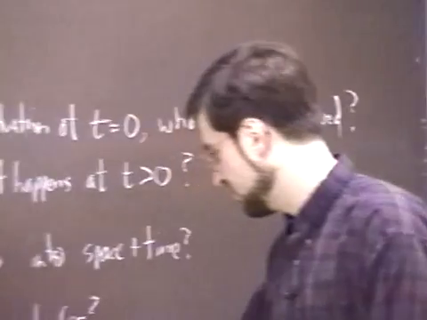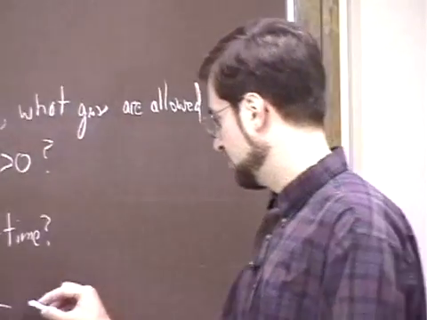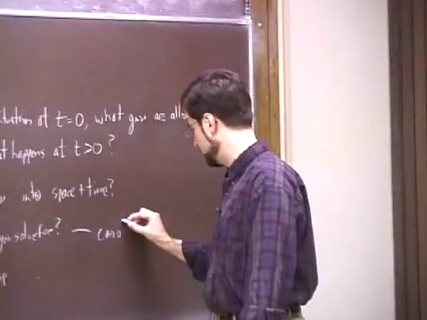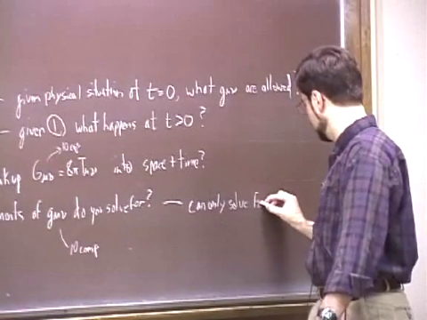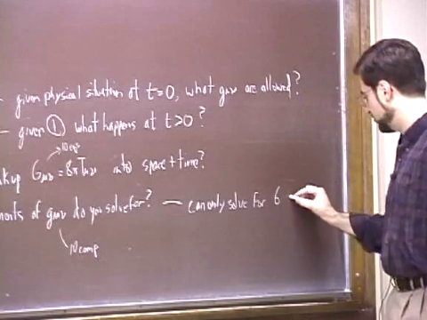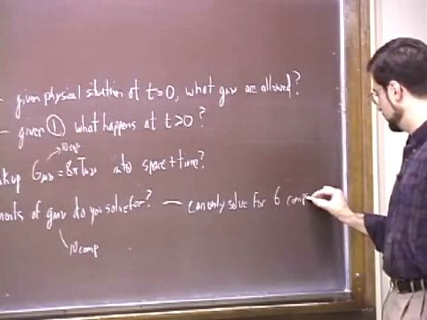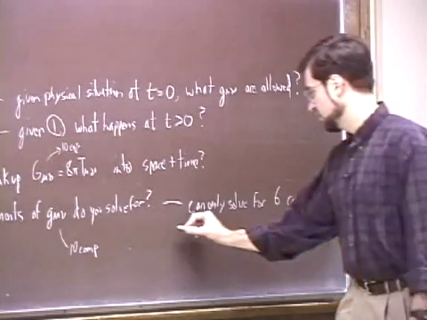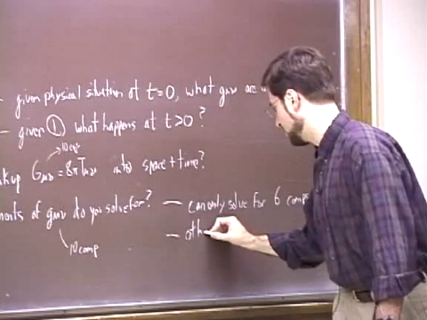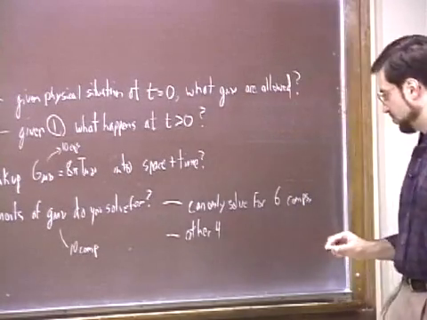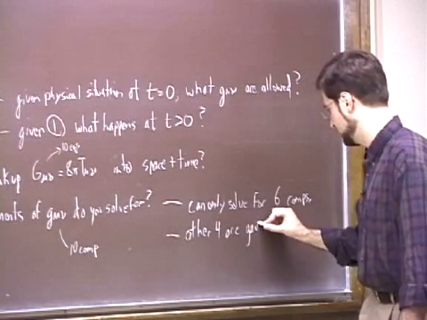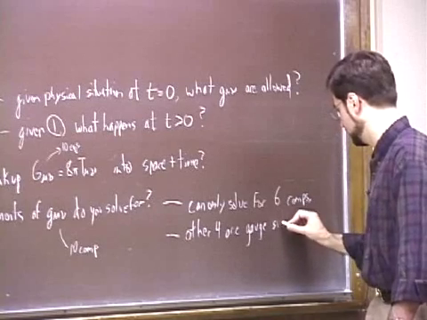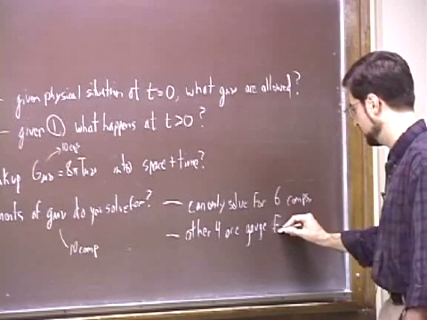This is wrong. You cannot do that. In general, you can only solve for 6 components. This is because the other 4 are taken up by gauge symmetry. I should say gauge freedom.